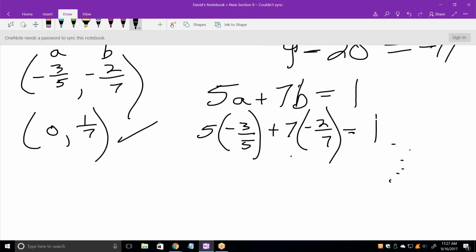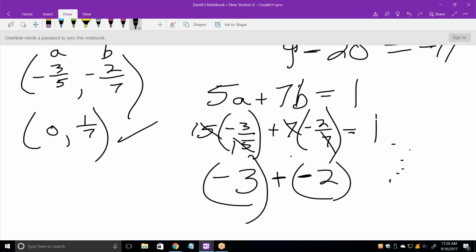I can divide top and bottom by 5, so that leaves 1. You get -3. You can divide top and bottom by 7. Now, here it's -3 plus a -2, with parentheses around it just to clarify that.